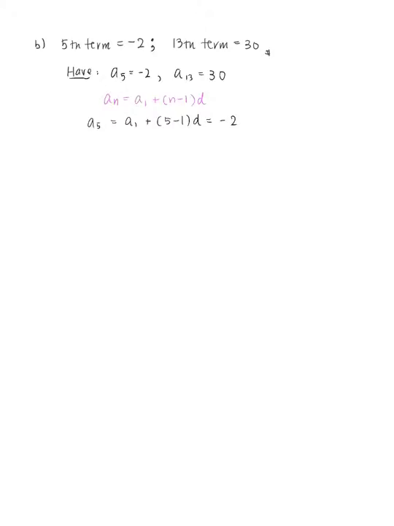And then our a sub 13 is a sub 1 plus 13 minus 1 times d, but a sub 13 is 30, so I'm going to set that equal to 30. And let's simplify a bit. So I'm just going to call this one circle 1, circle 2.